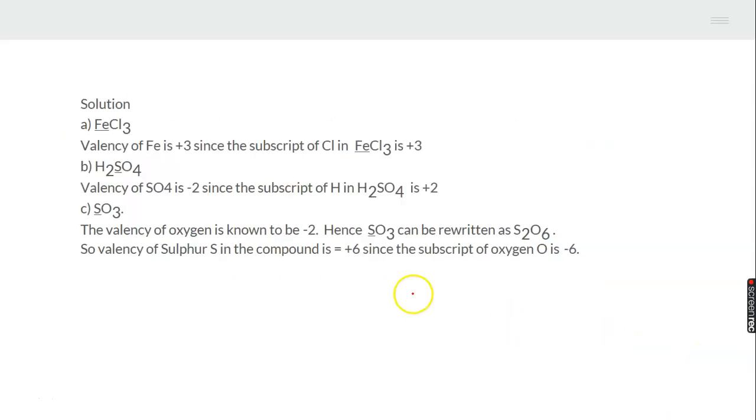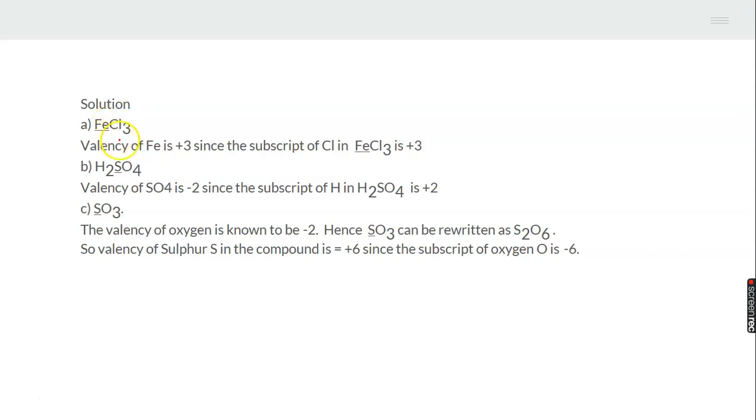The first one is the determination of iron in iron(III) chloride. We all know that since chlorine has -1 as its valency number, that's the combining power -1, to reach octet state it must always collect 1 electron.